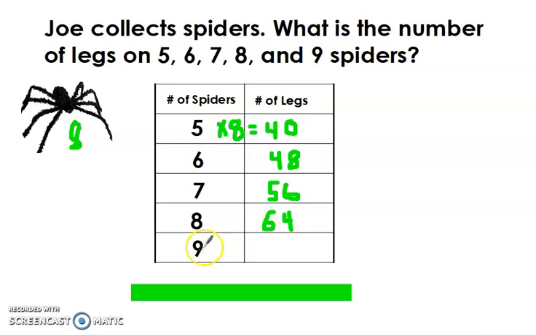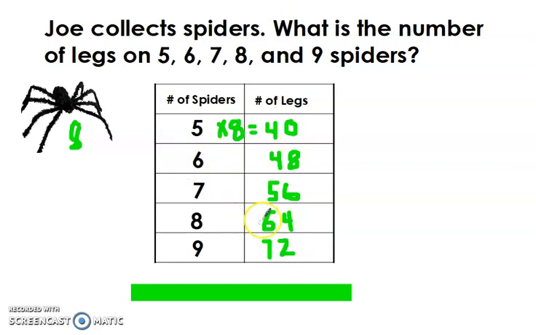And if I still don't know my 9 times 8, then I can count up 65, 66, 67, 68, 69, 70, 71, 72.